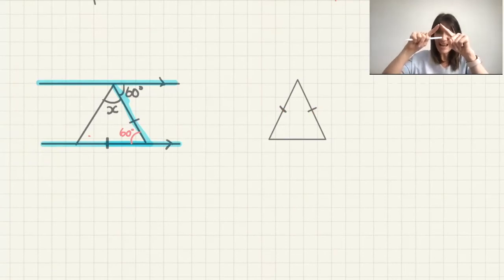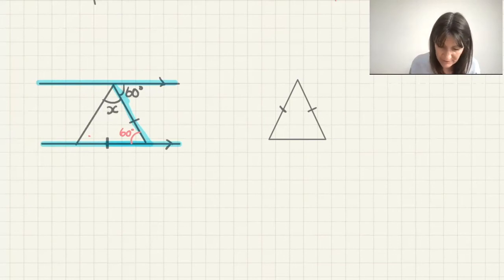That's the one angle that's different. When you travel down, you travel to the two angles that are the same. So as I travel up and down, I point to the one that's different, and then I point to the two that are the same. So these are my equal ones here on the base.